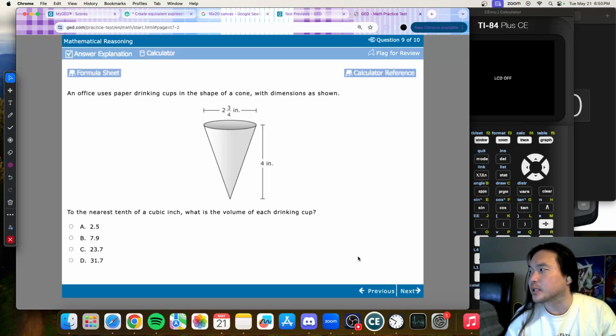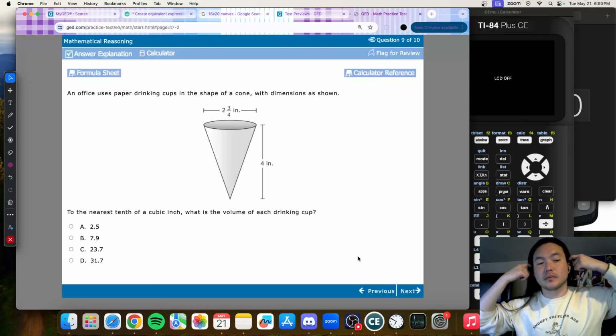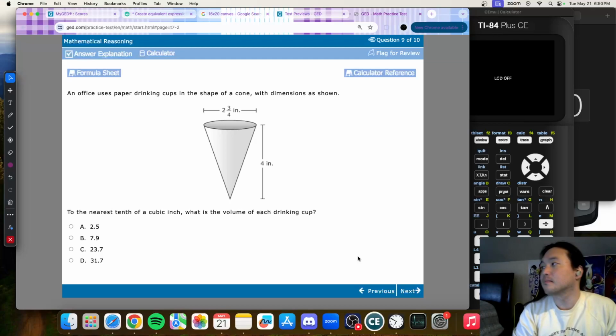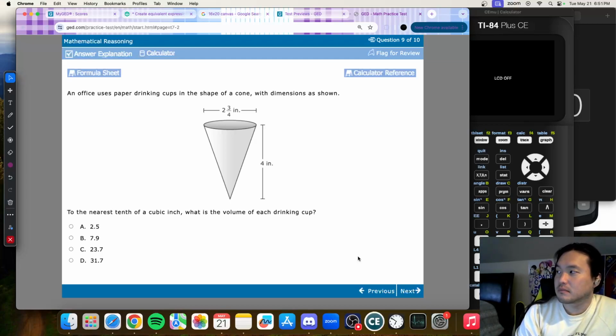How many ice cubes can you put into a paper cup? Definitely more than 3. Take your best guess, and then we'll do it together.